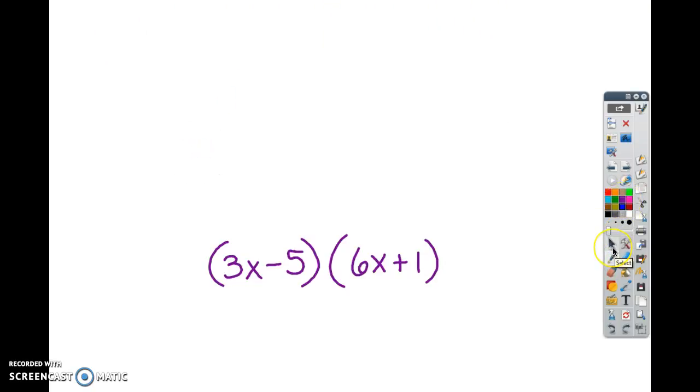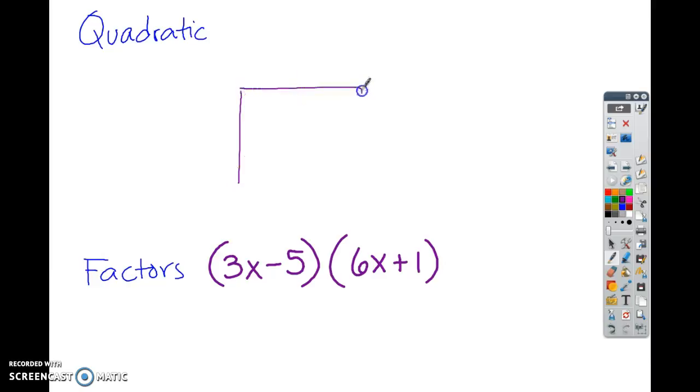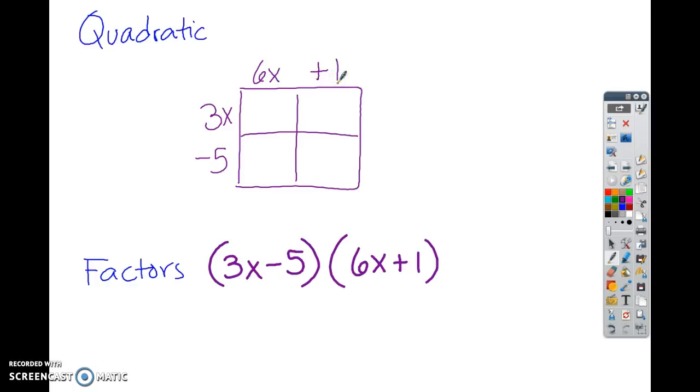Okay, so if these are your factors right here, in order to get the quadratic, you put these factors outside the box and start multiplying. So my box is going to look like this, with 3x minus 5 on one side and 6x plus 1 on the other side. And you start multiplying.